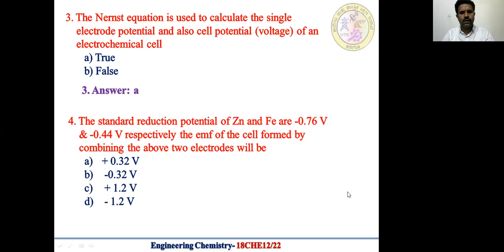So we know to calculate the EMF or cell potential, we use the formula E cathode minus E anode. So here the higher reduction potential value is for iron, minus 0.44, and the lower reduction potential value is for zinc, minus 0.76. So if we substitute the values, we will get the right answer, plus 0.32 volts. Hence the right answer is option A.